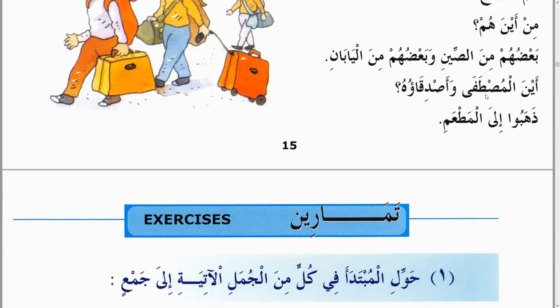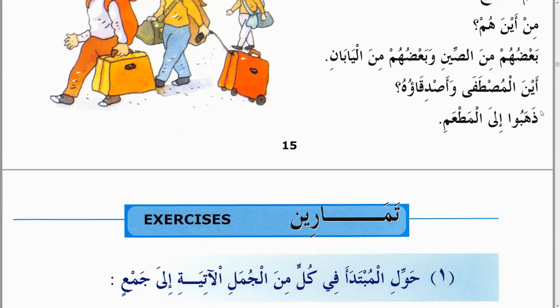أين المصطفى وأصدقاؤه؟ Where is Mustafa and his friends? Mustafa is also a name, right? Mustafa, the chosen one. We learned before that proper nouns do not generally take alif lam. Although there are some names like Al-Mustafa, Al-Abbas, Al-Khattab, which do take alif lam.